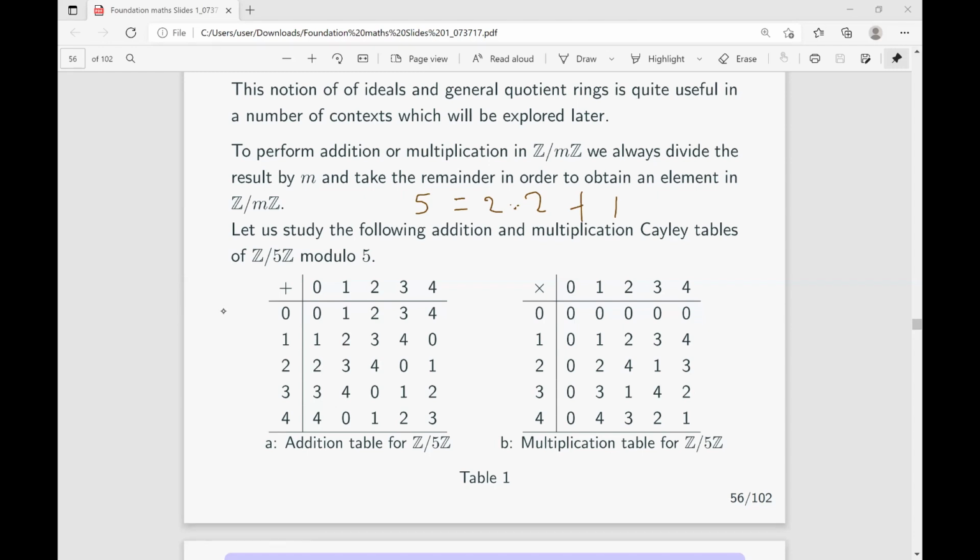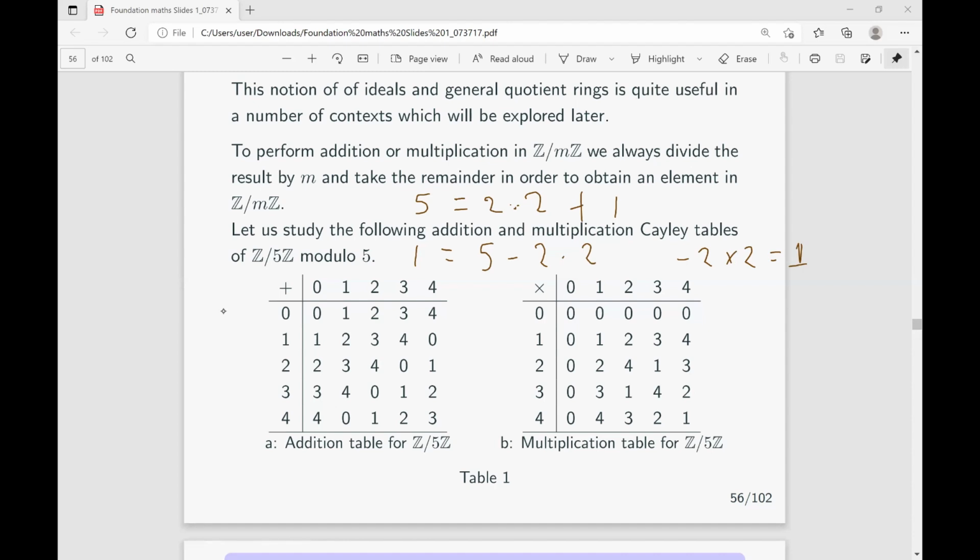So now we make this 1 the subject of the formula, and what you have is 5 minus 2 multiplied by 2. From this statement, I'm seeing that the inverse of 2 is negative 2, because negative 2 times 2 gives me 1.